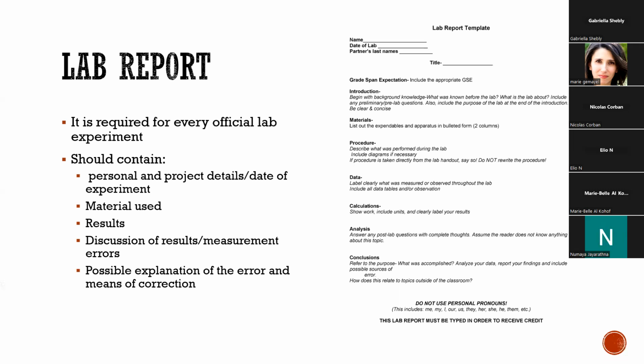You have to put the material used, the results, and then after you put the results, you always have to discuss the results. And you have to discuss the measurement error.